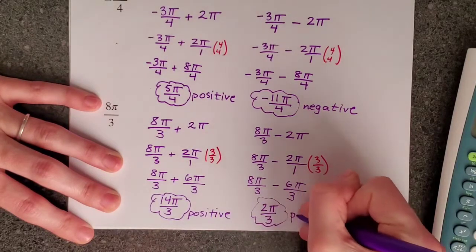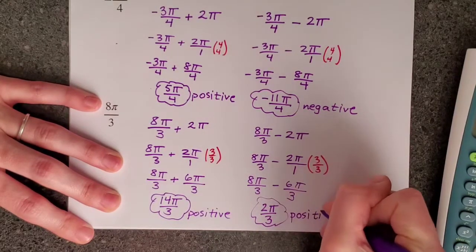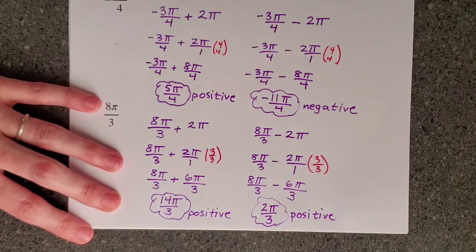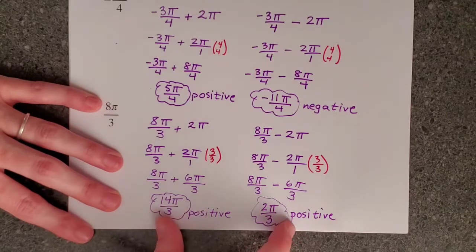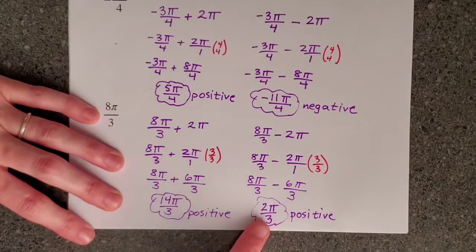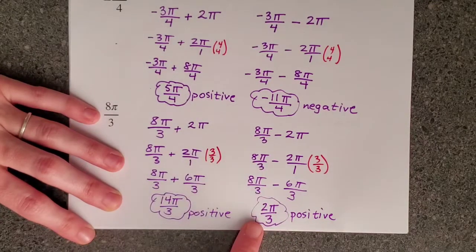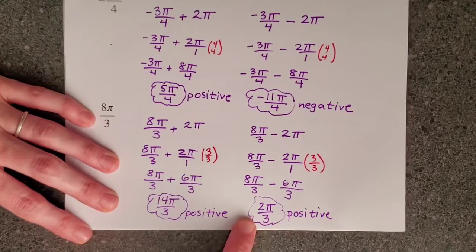But that's also positive. So the instructions were to find a positive and a negative. And technically now I found 2 positive angles. So I was hoping to get a negative one here when I subtracted. And if I didn't, then I'm going to have to subtract again.